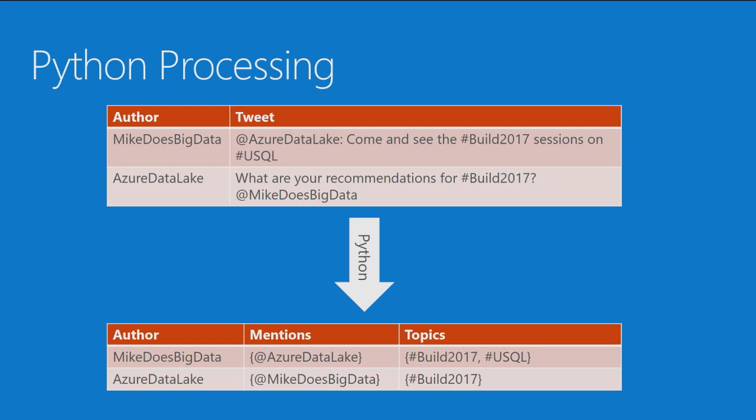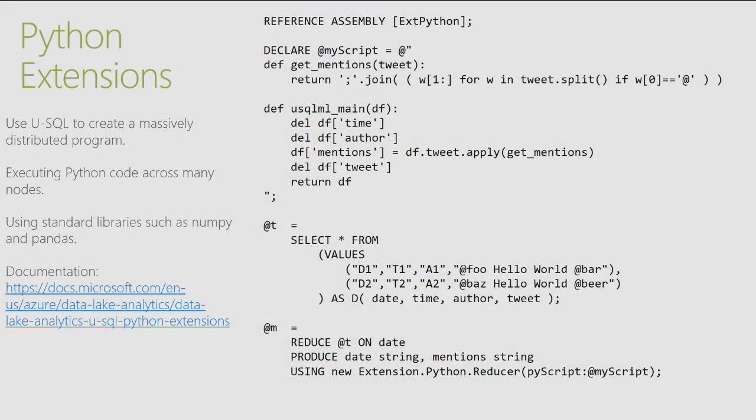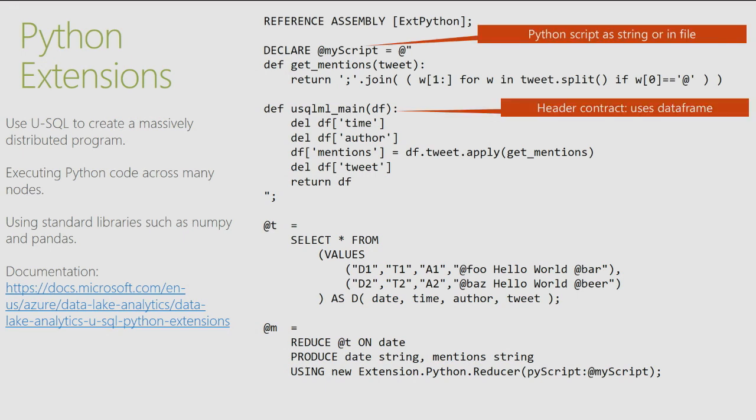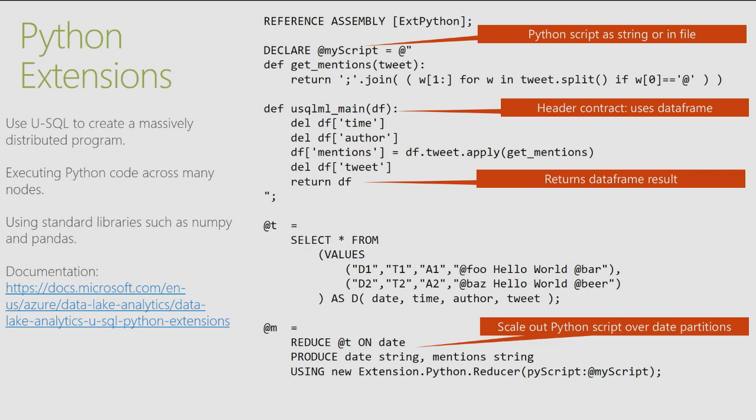So let me go back to the presentation. Here is again the script that I went through. For the Python script, the header information has to be U-SQL main with a data frame. And we pass data frames in and out in this case. And then we scale it out using the reducer.